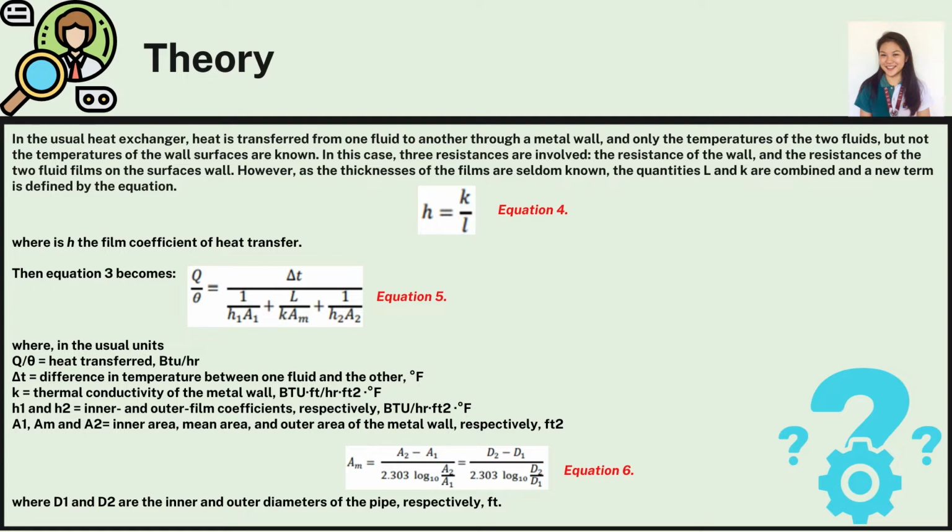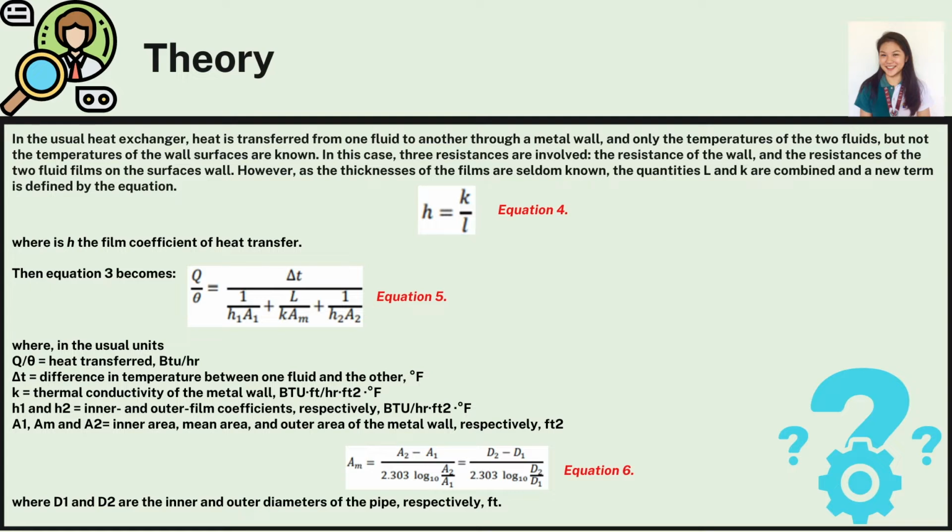H is equal to K over L, where H is the film coefficient of heat transfer. Then, the previous equation 3 becomes as shown in equation 5, where in the usual units, Q over theta is the heat transferred with the unit of BTU per hour, and delta T is the difference in temperature between one fluid and the other with the unit of Fahrenheit.